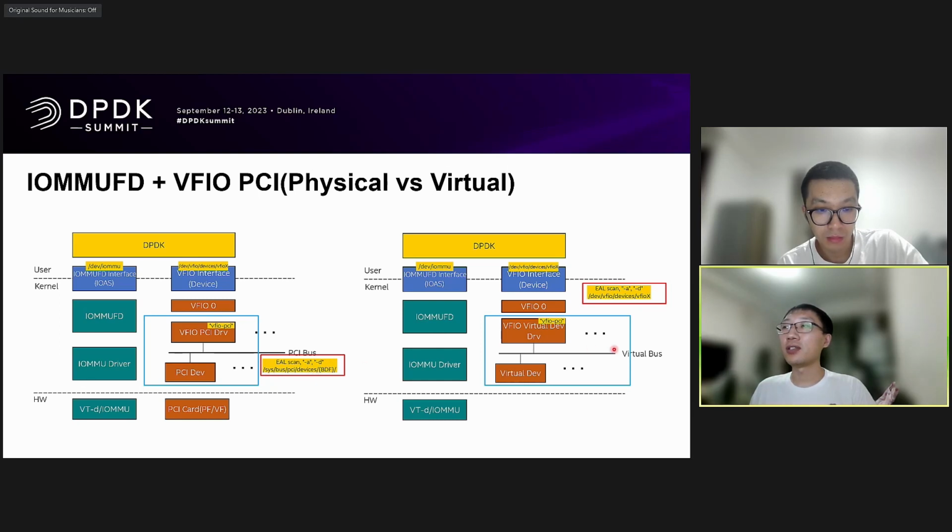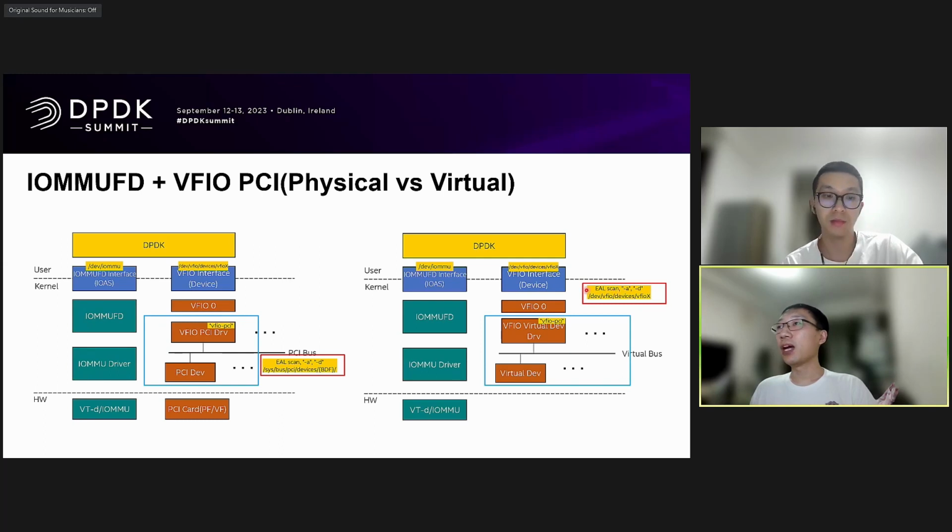But now the devices are on a virtual bus, and Linux has many kinds of virtual buses, so it's not possible for DPDK to find all of them. We cannot get the device info from the virtual bus. Instead, we can only find the devices in another place, where all the device nodes are created under /dev/vfio/vfio-X.